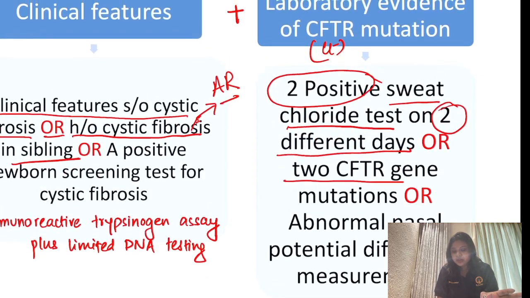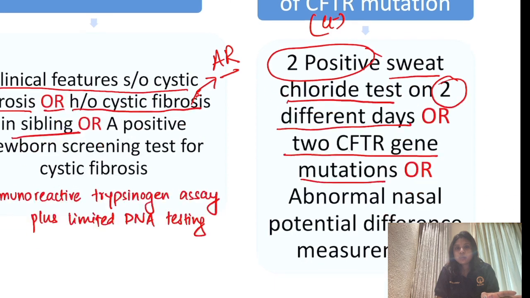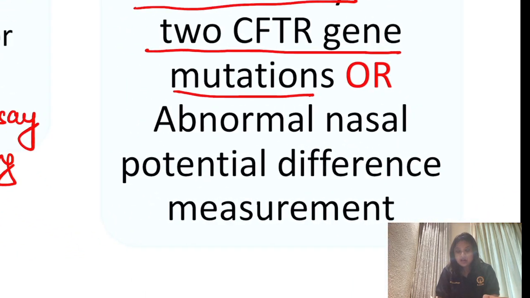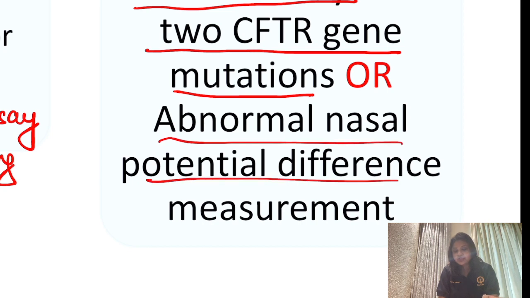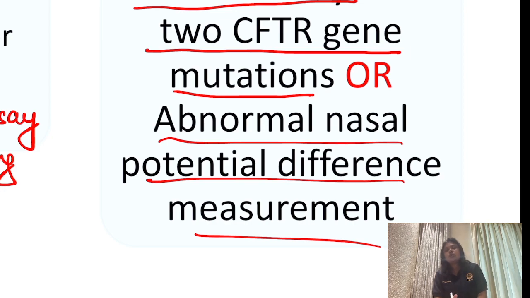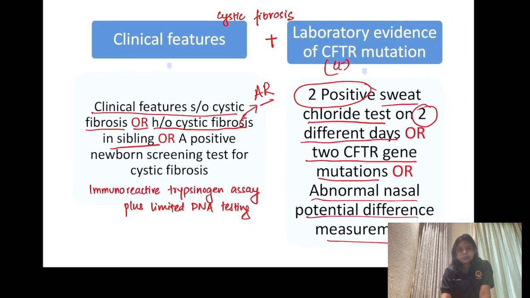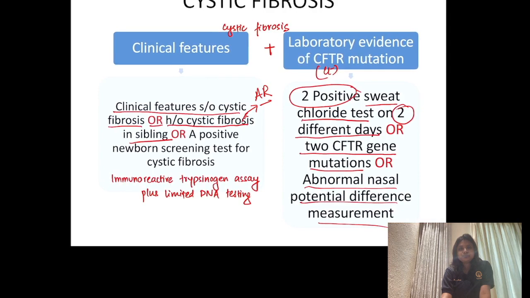You need to have two CFTR gene mutations, or abnormal nasal potential difference measurement. Again, three clinical, three laboratory. Sweat chloride test being positive, CFTR gene mutation being positive, or abnormal nasal potential difference measurement. So this gives you a diagnosis of cystic fibrosis. Okay.